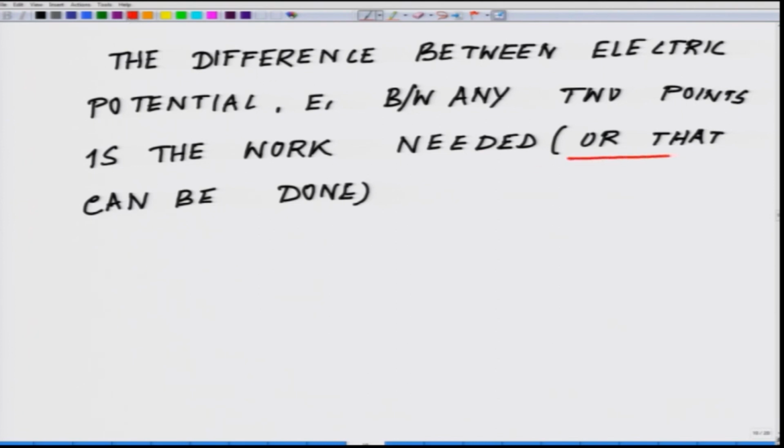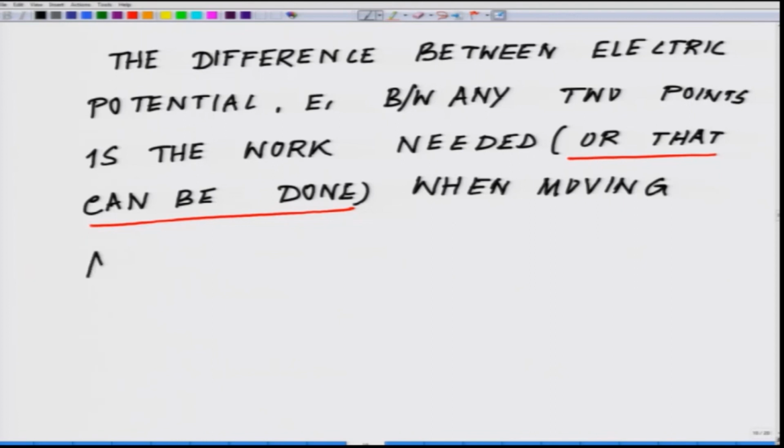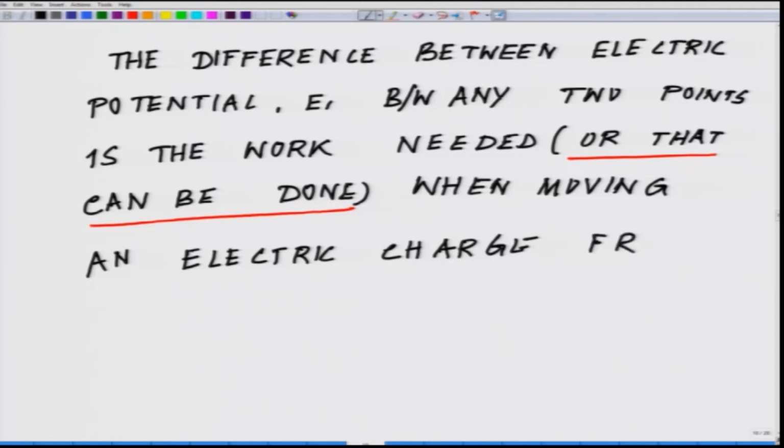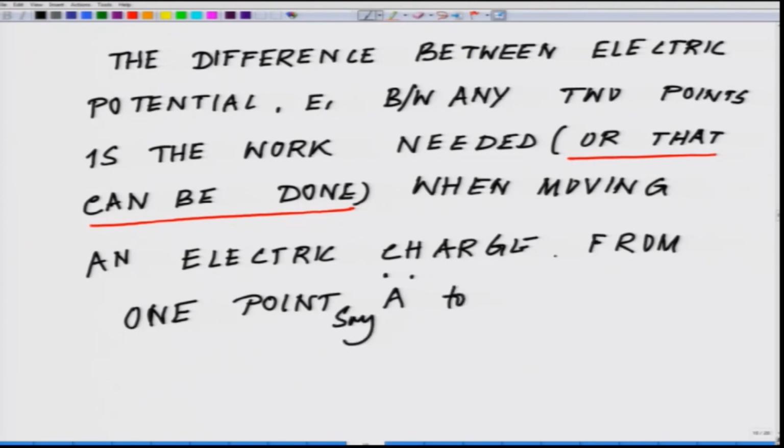So, let us highlight or underline that part, that can be done when moving an electric charge from one point, say point A, to the other.